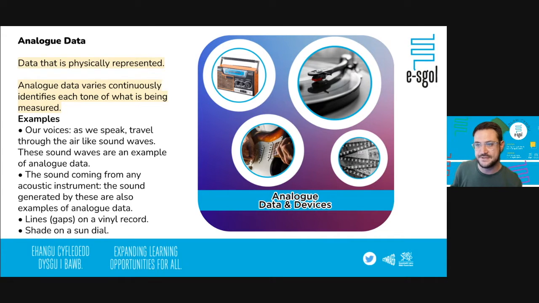Now, just that first sentence will get you the mark. Or you could just give them the second sentence. That would also give you the mark. Or, if you're confident and you've remembered it well, you could give them both sentences and that'll definitely get you the mark. But analog data is data that is physically represented. Okay, and I really like this second sentence as well, that analog data varies continuously because digital data can't.